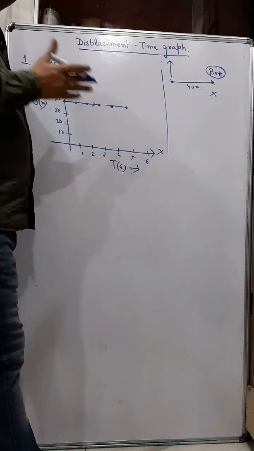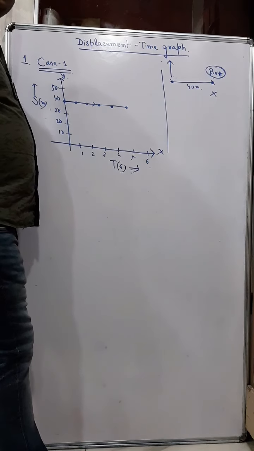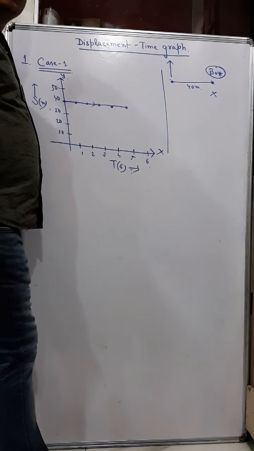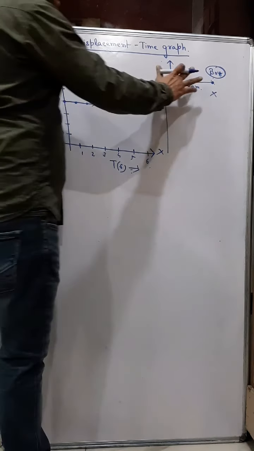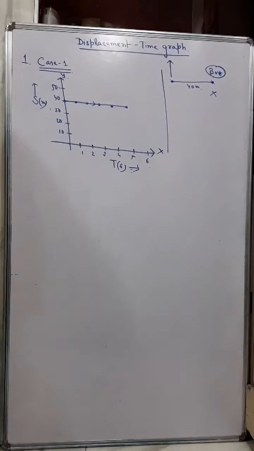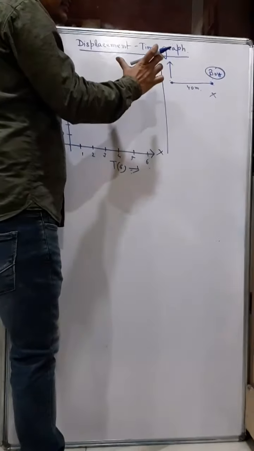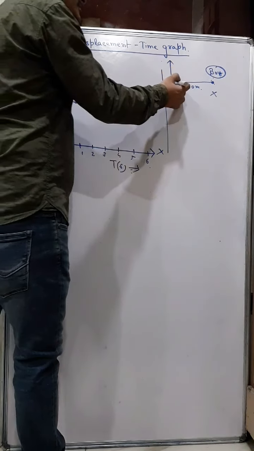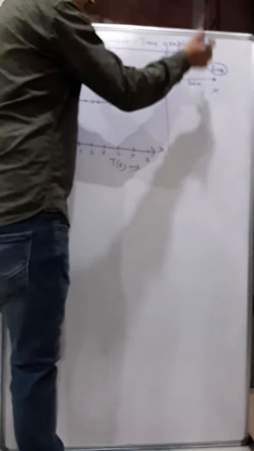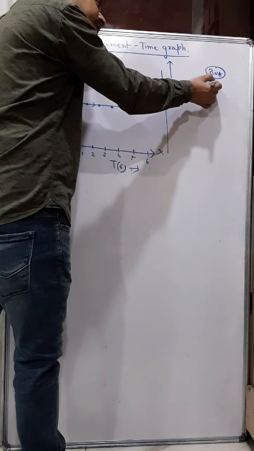That means the body is at rest. The body is not moving. And remember I told you this is rectilinear motion, so the body will move in a straight line. Keeping that straight line, if the displacement is constantly 40, that means the boy is not moving from its place.